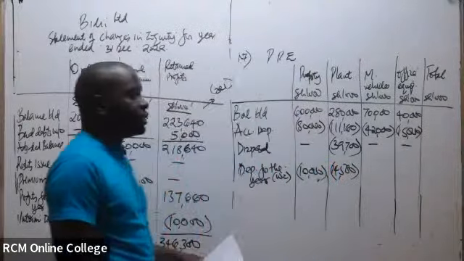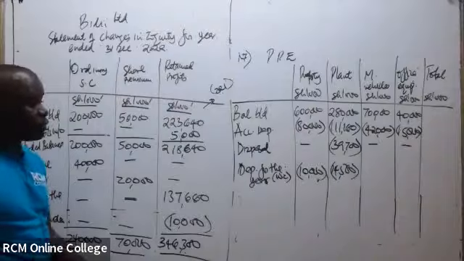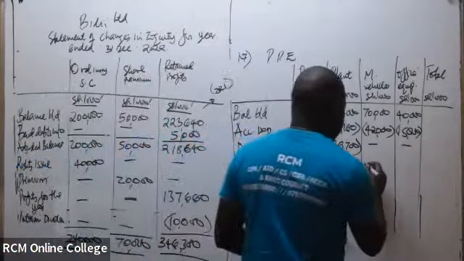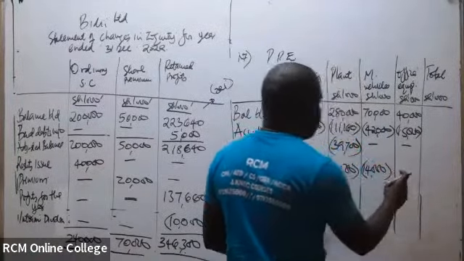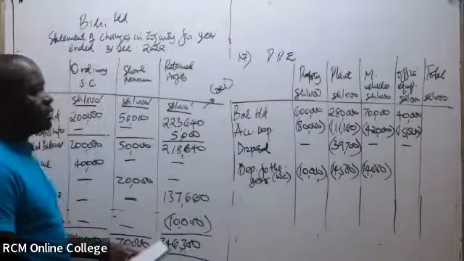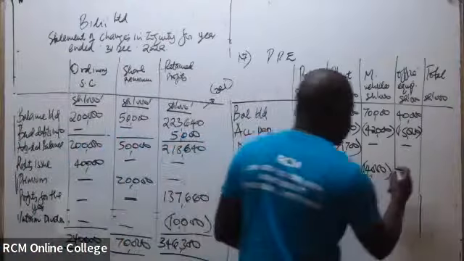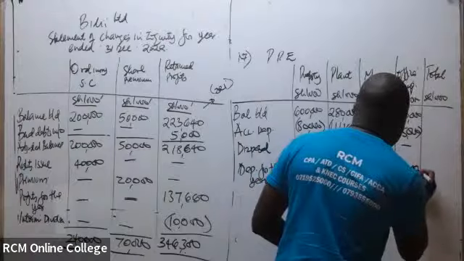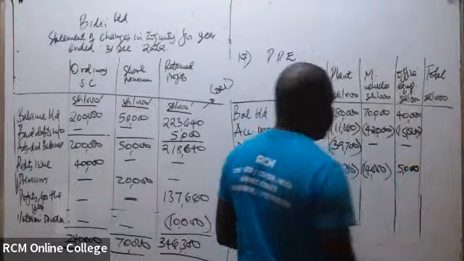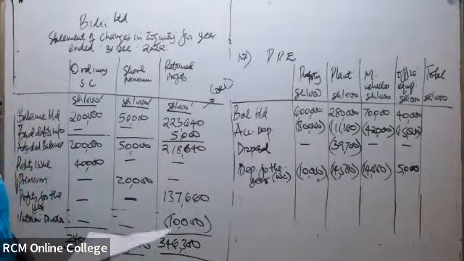Motor vehicles, it was 14 million. What about for office equipment? Office equipment, it was 5 million.